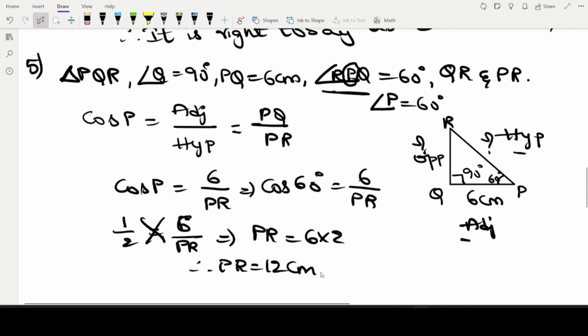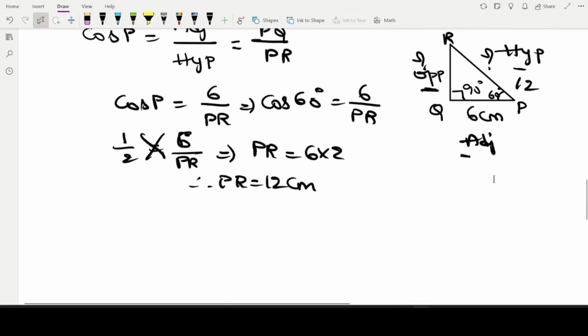The other value we need to find is the opposite side, and we have found the hypotenuse. To find the side opposite, you can use either sine theta or tan theta. Tan theta is opposite by adjacent, and we know the adjacent value, or you can combine the opposite side and hypotenuse, which is the sine theta formula.